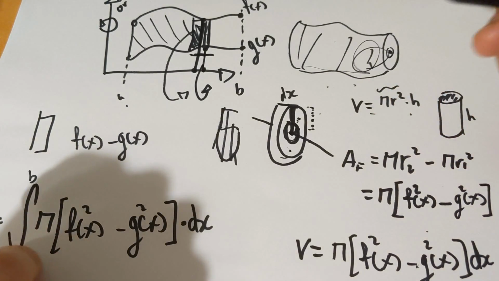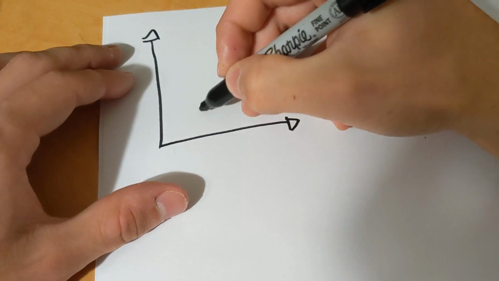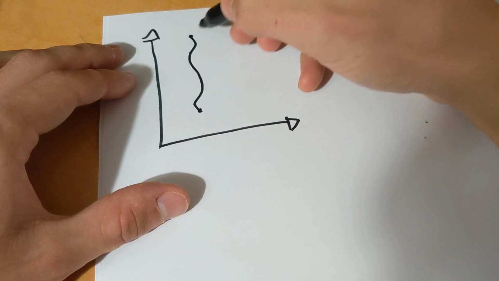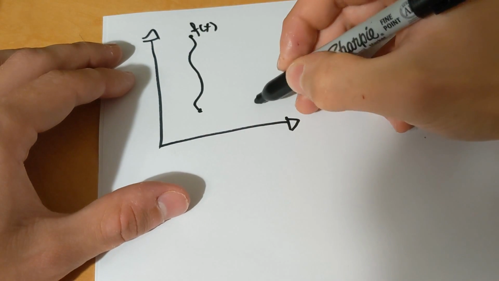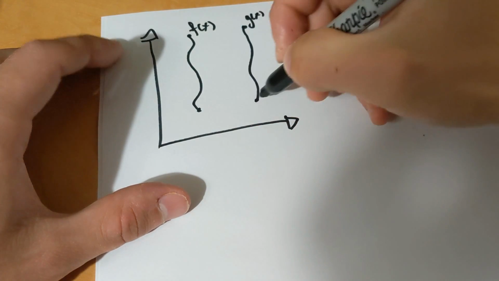Okay, I got it. So instead, we'll take kind of the same shape. Act as if I didn't tell you this was the shells method, okay? It'll help you. So this function is f of x, and this function is g of x, correct?